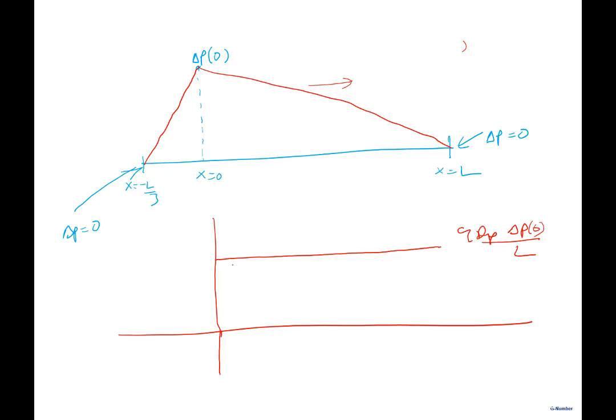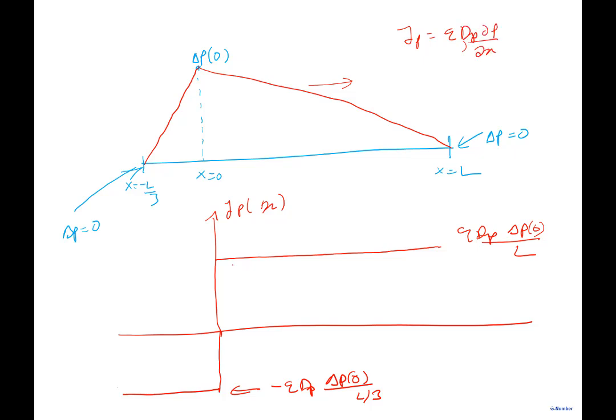And here you will get minus q Dp delta P0 by L by 3. That's how you get the current, Jp(x). Right? Jp is q Dp del p by del x.